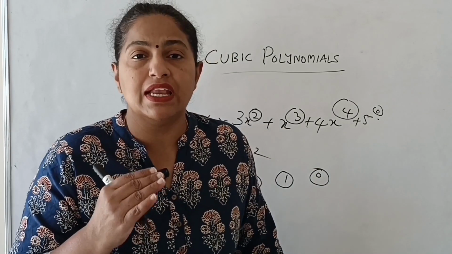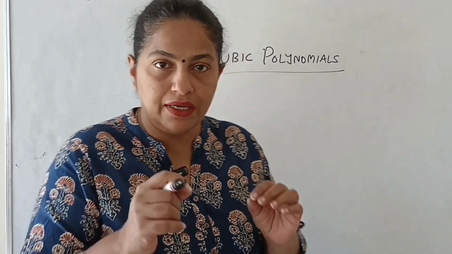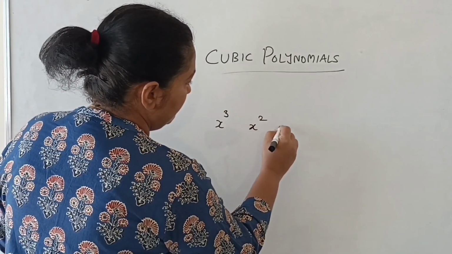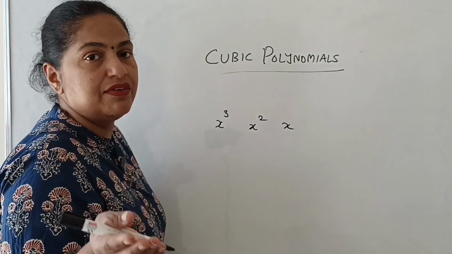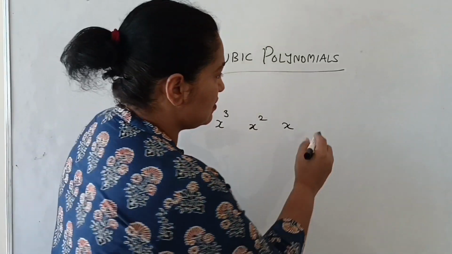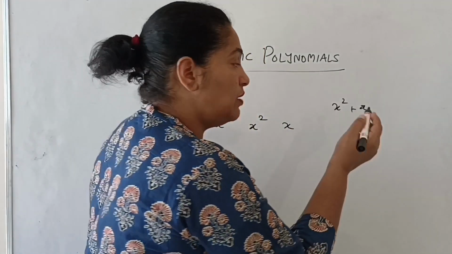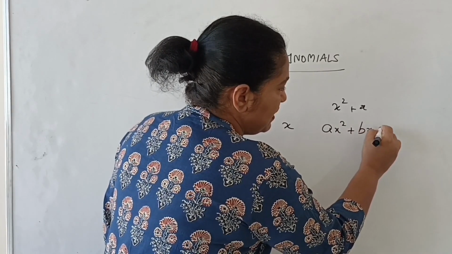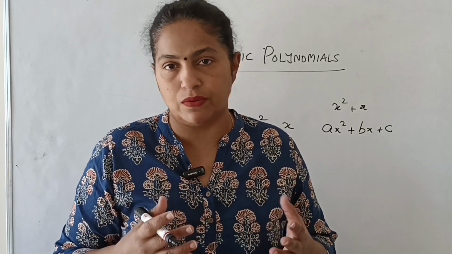Okay, so let us see how we can write down a cubic polynomial. So a cubic polynomial in x should have an x cube term, an x square term, x term, and a constant term. Correct? Just like the way a quadratic polynomial has terms in x square, x, and a constant term. So we represent the general form as ax square plus bx plus c, where c is the term which has got a power of 0.